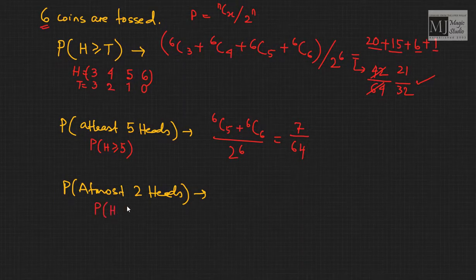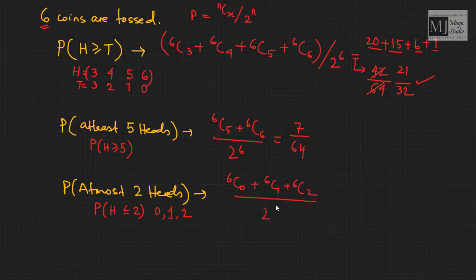That means head count is less than equals to 2. That means it can be 0, 1 or 2. Since it is or, we need to add up. 6C0 plus 6C1 plus 6C2 by 2 to the power 6. 1 plus 6 and 15. 22 by 64. 11 by 32.